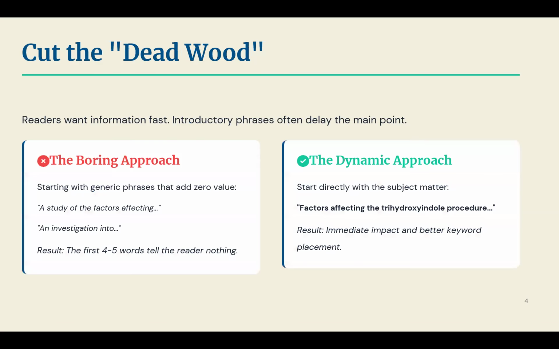Well, when you are making your super magnetic title, you have to cut the dead wood. What is dead wood? Readers want information very fast. Your readers are other scientific professionals who are searching, hunting, and reading like detectives to find facts and information for their research.